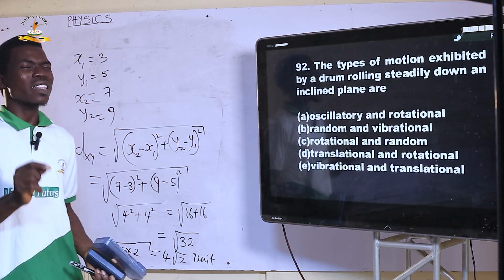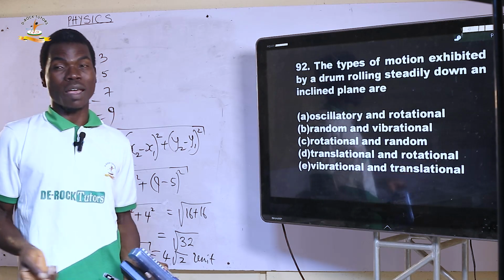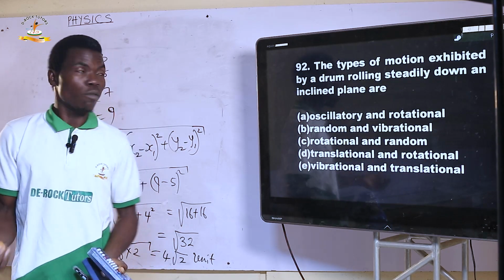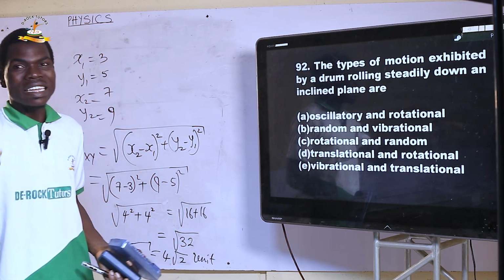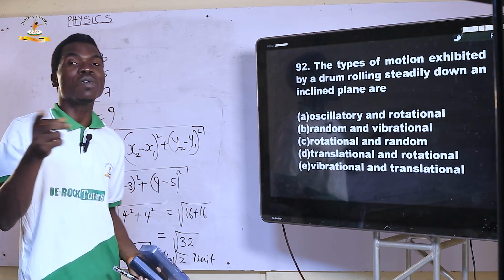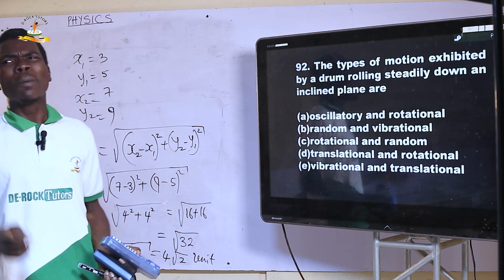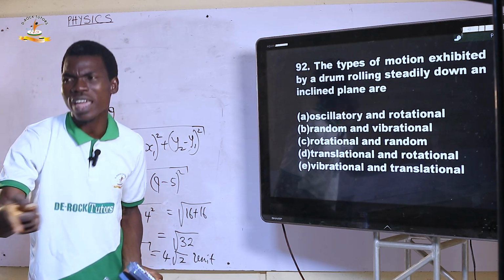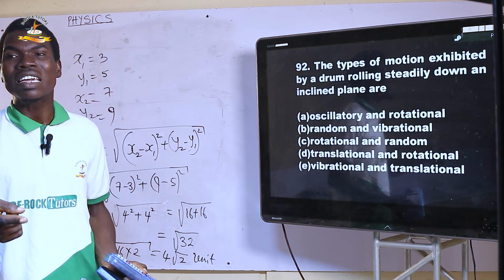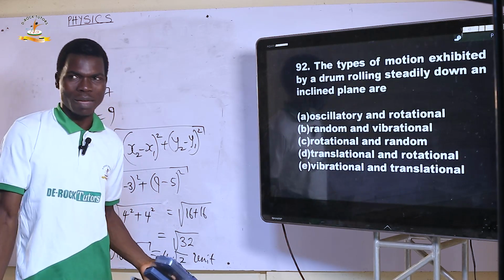It says the type of motion exhibited. We know we have a lot of different types of motion. By a drum rolling steadily, we have rotational motion, but the word steadily means the drum is not going to vibrate along its way down the inclined plane.